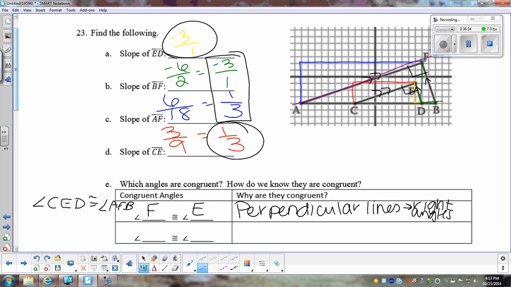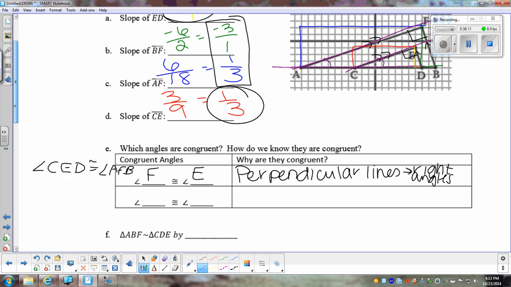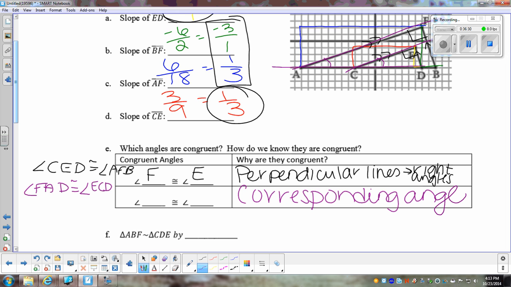I have parallel lines cut by a transversal, so I know that angle FAD is congruent to angle ECD because they're corresponding angles. I also could call this angle A is congruent to angle C.